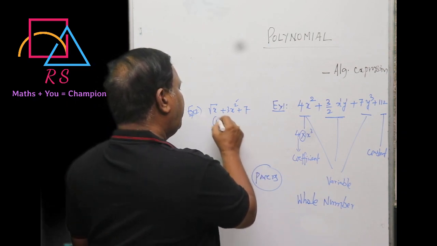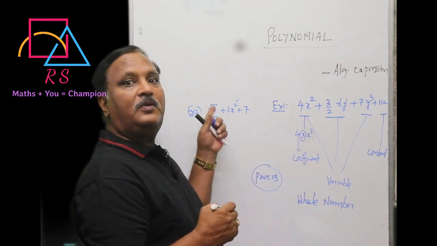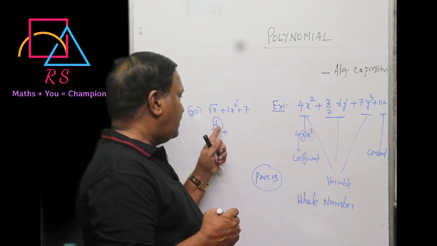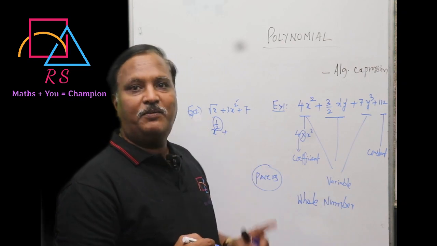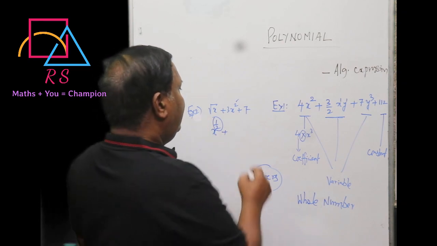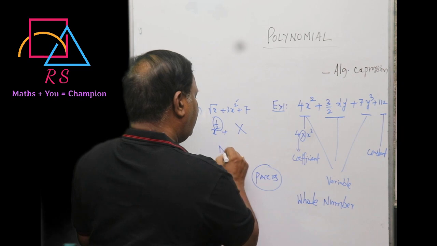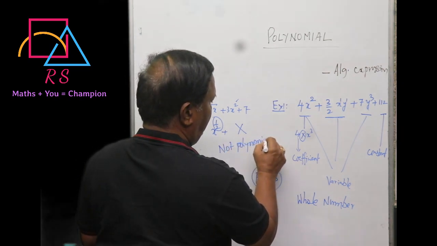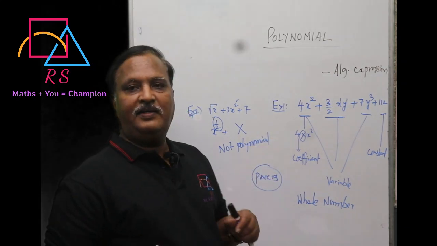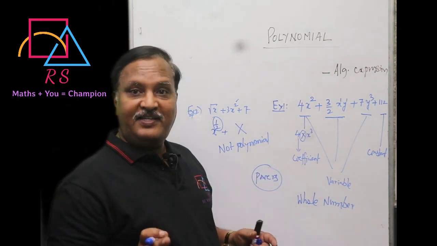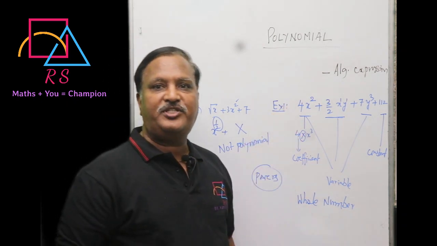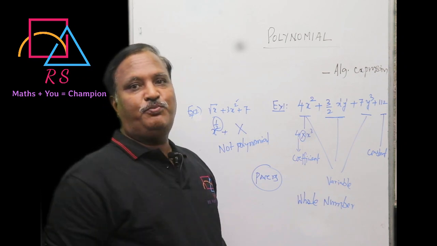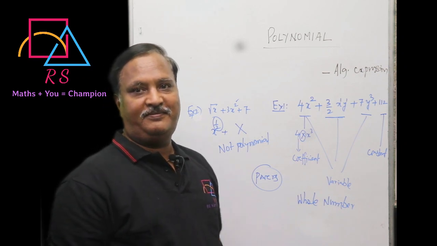Now the problem is that in one term the power of the variable is not a whole number. 1 upon 2 is not a whole number, it is a fraction. Therefore this is not a polynomial. So to check whether a given algebraic expression is a polynomial or not, there is only one condition: the power should be a whole number.